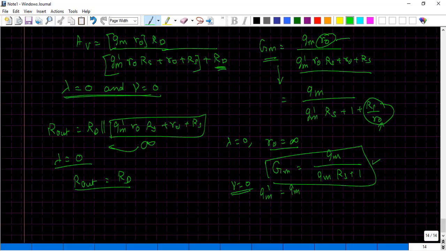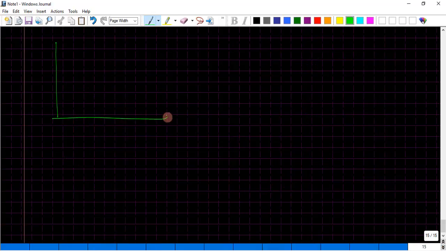So these are the terms that we would end up with when we assume that lambda and gamma are equal to 0. Let us look back and see what exactly those simplifications tell us, or the intuition behind that. Let me draw the Gm versus Vn, and for the first case I'm just going to adopt a common source amplifier without source degeneration resistance. I'm just going to use the orange color to do it. As you know, till our Vn is less than Vt, there is no current, and because of that the Gm is basically 0.